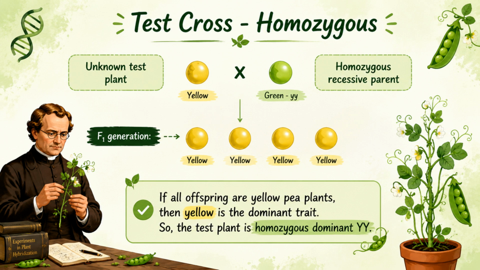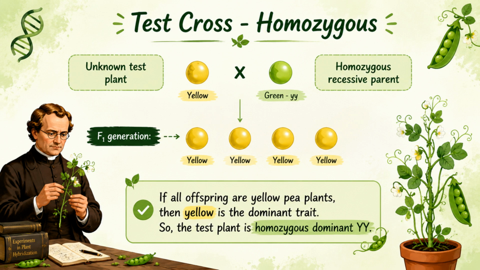Not a single green offspring appears. What does this tell us? If the unknown parent had contained a recessive factor, some green offspring would have appeared. But since every offspring is yellow, it means the unknown parent can give only dominant factors. Therefore, the unknown yellow plant must be homozygous dominant, capital Y capital Y.